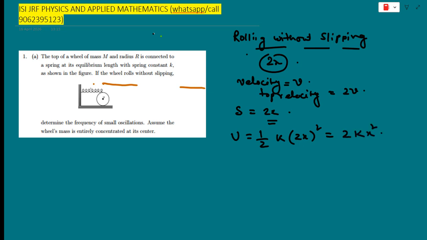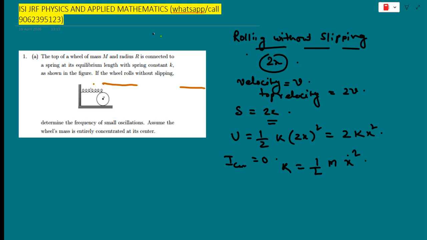Now for the kinetic energy, since I about the center is 0, the wheel has no rotational kinetic energy relative to its center, it only has translational kinetic energy. So K is half m x dot square.